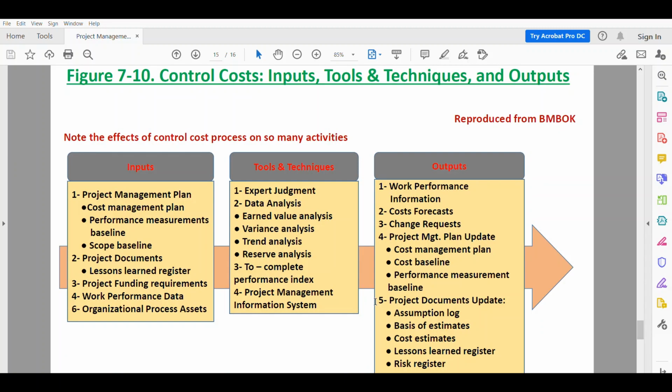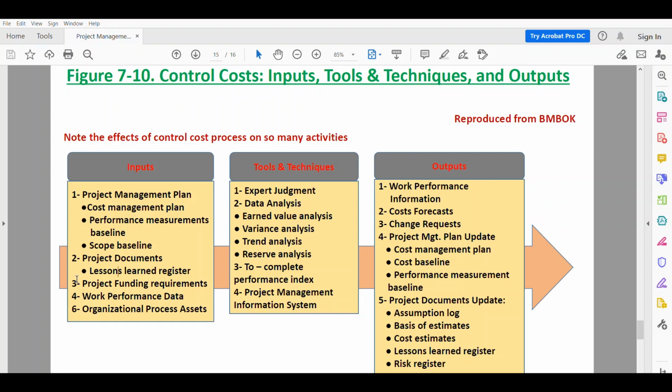The inputs, tools and techniques, and outputs are depicted in this figure. The inputs for this process are, first, the project management plan, and three parts of it are used: the cost management plan, performance measurement baseline, and scope baseline. The second input is the project documents, and we use here the lessons learned register.